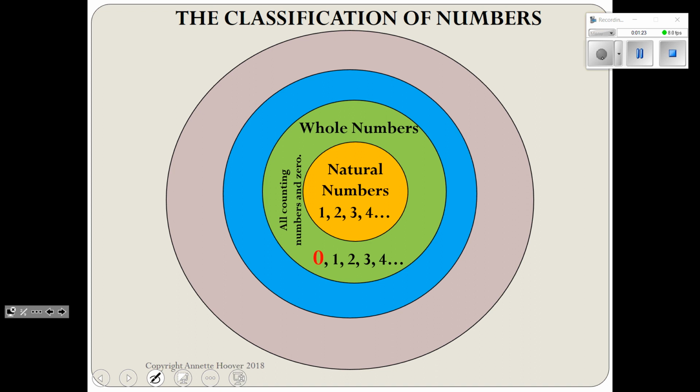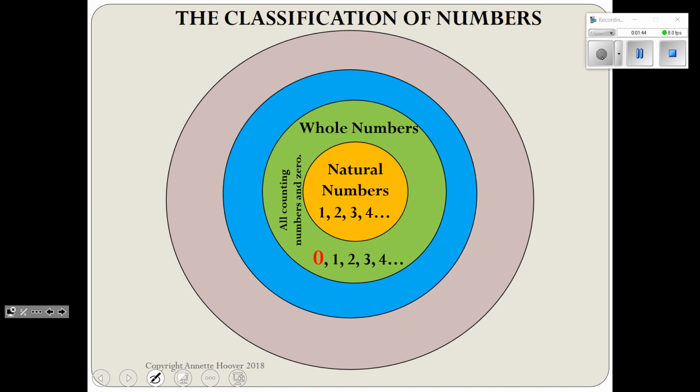Normally we just start with whole numbers and kind of ignore this because the groups are almost identical. But there is a difference between them, so it's good to see that. So whole numbers start with 0, counting up. There are no fractions, there are no decimals, it's just the whole numbers, and there are no negatives.